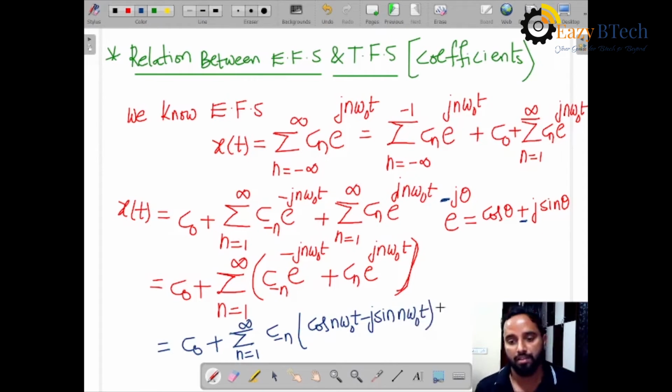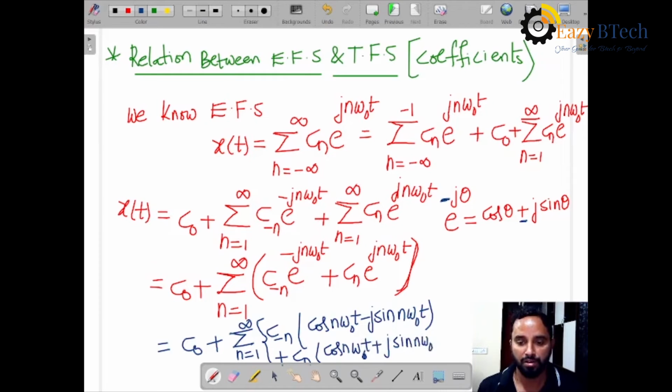And plus cn. Here we have e power j theta, so cos n omega naught t plus j sin n omega naught t.